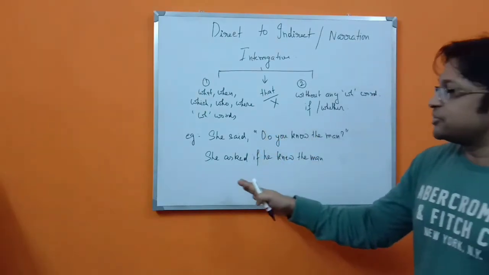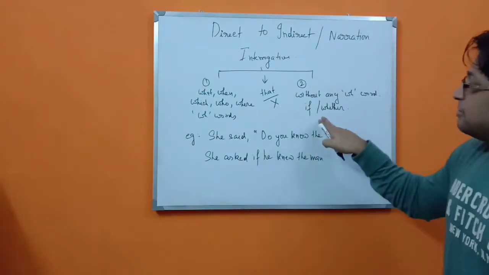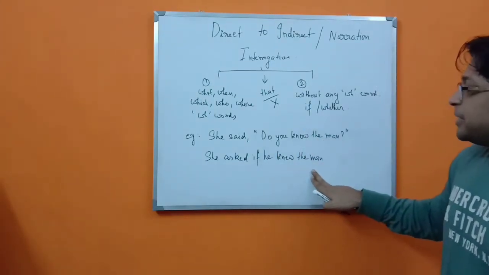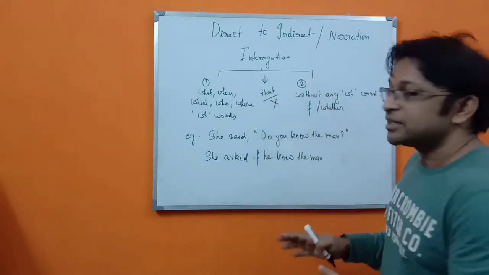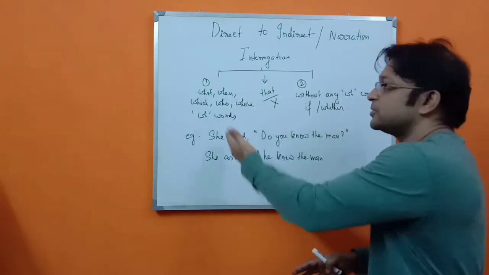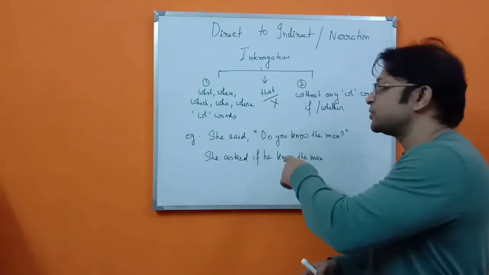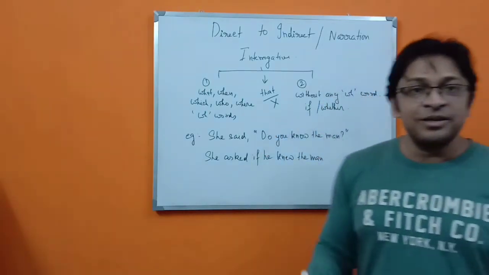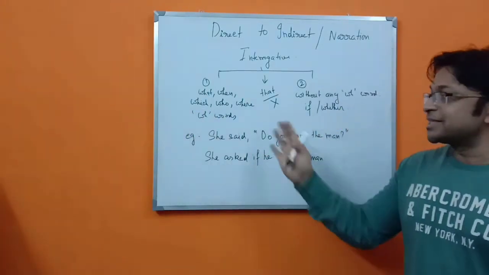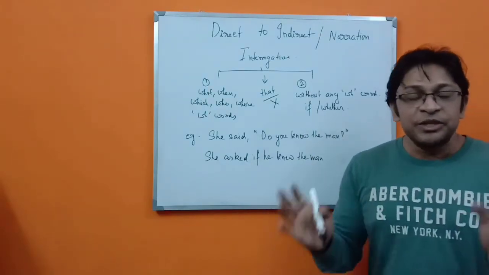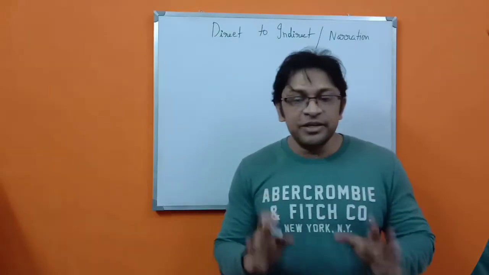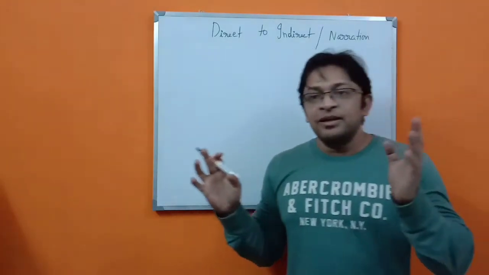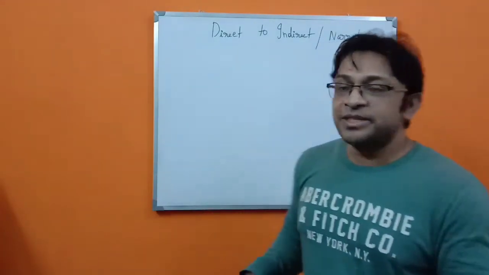So now we have changed it into she asked if he knew the man. So this will change like this. So interrogative sentence will be of two types. One by using the interrogative words or WH words, and another one without using those things. So in both these cases, as I have shown you, you have to change like that. So be very careful. You can write an interrogative sentence. There is imperative sentence.